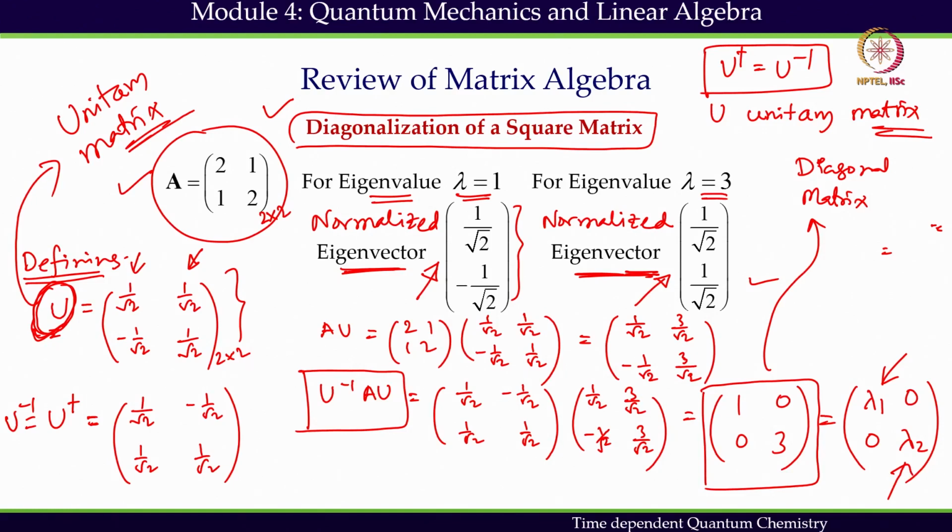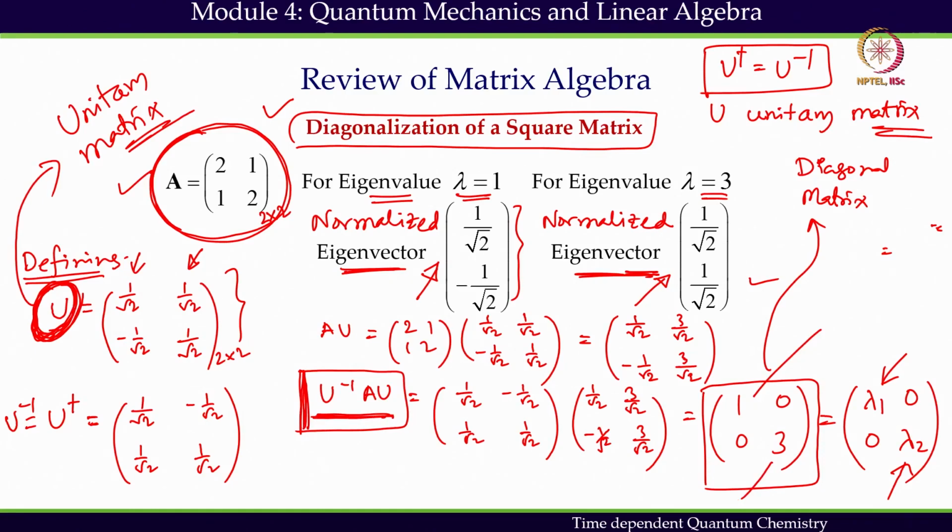So what we are learning from here is that if I have a matrix like A, which can be a Hamiltonian matrix, I have to look for this unitary matrix U. How can I look for it? I can look for it in such a way that this operation, U inverse A U, this linear transformation, will finally give me the eigenvalues.